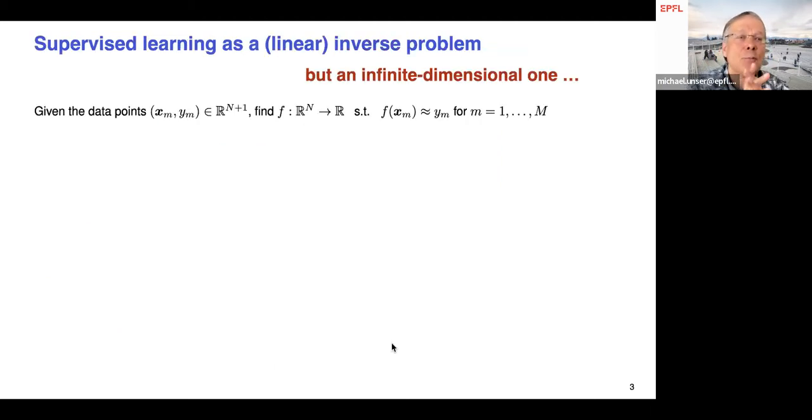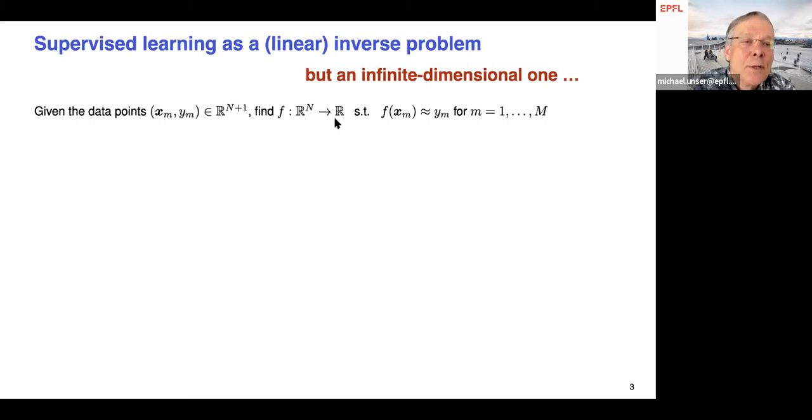Now, if you look at supervised learning, what you have is an inverse problem as well. But one difficulty here is that it's in infinite dimension. In the very basic supervised learning problem, you are given some data points, features x and y, some desired output.